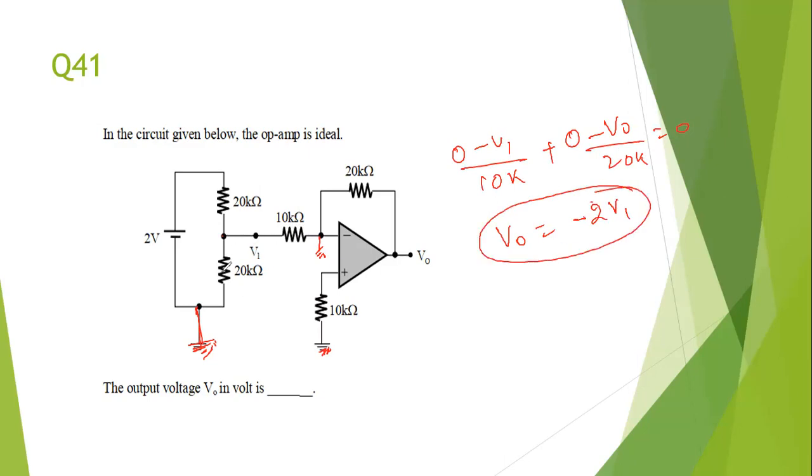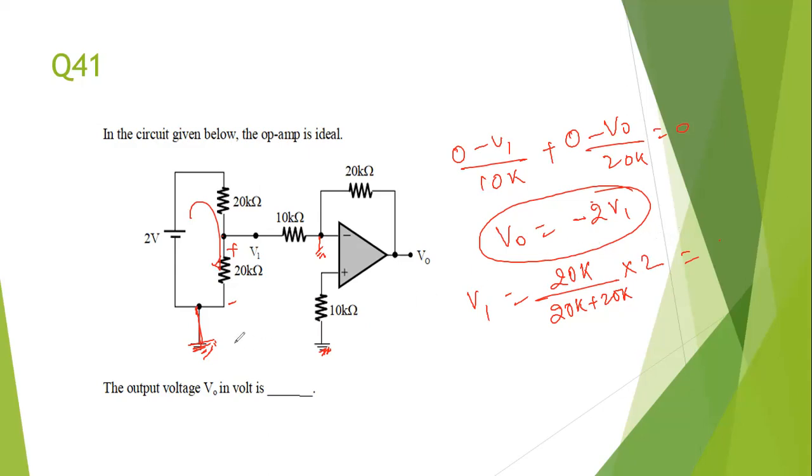Now we have to find the value of V1. The current is flowing through these circuits. So this potential is nothing but V1, 20K upon 20K plus 20K times 2.